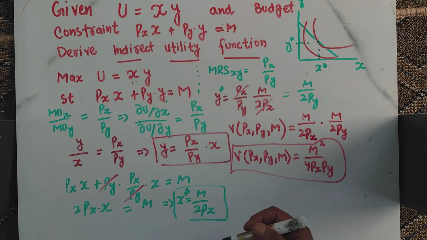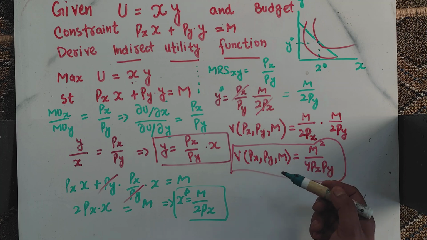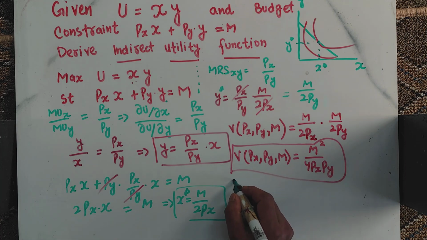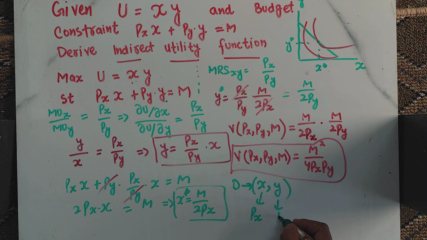So what does this tell us? It tells us that utility is indirectly a function of prices and income. Obviously, the direct utility function is a function of the two goods consumed, but these goods are a function of prices. This is price of x, this is price of y, and the consumer should have some income also.